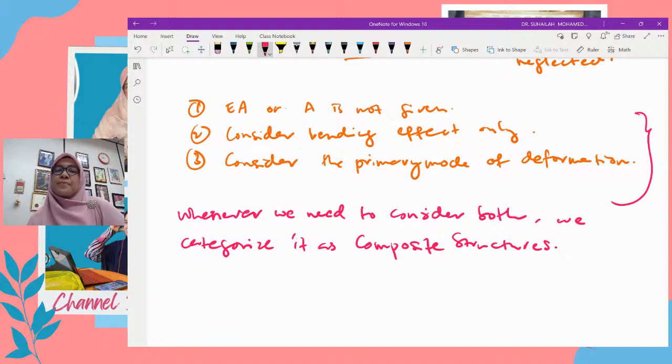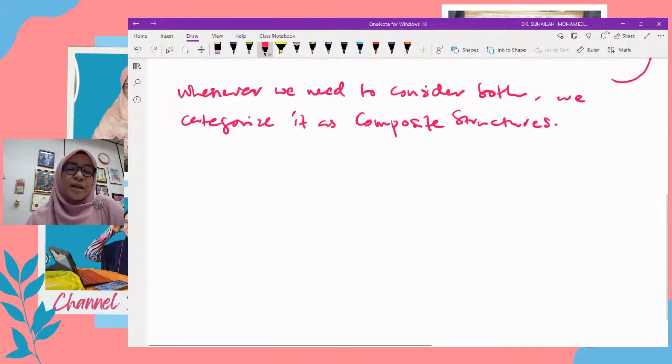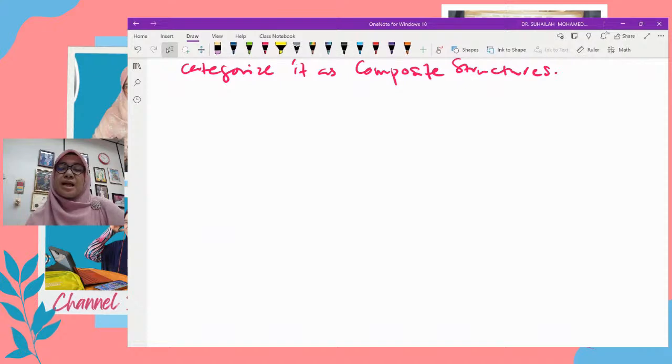This is about the concept. Another conclusion: we will analyze a frame just like we analyze a beam.